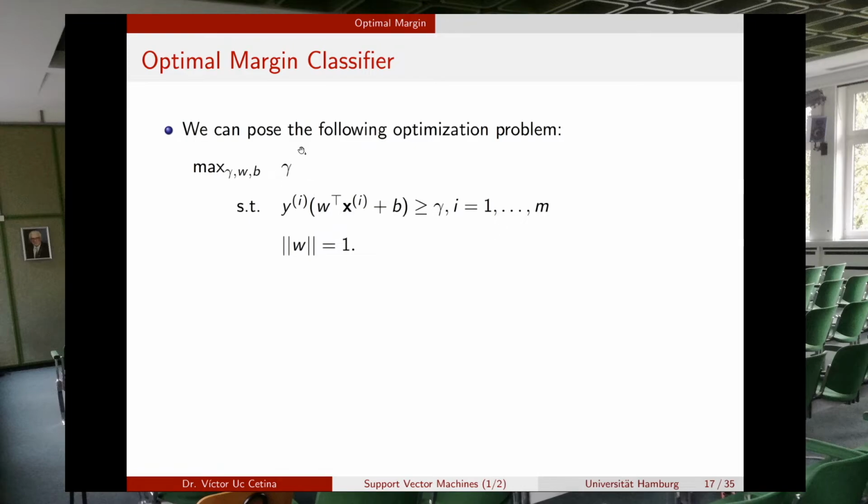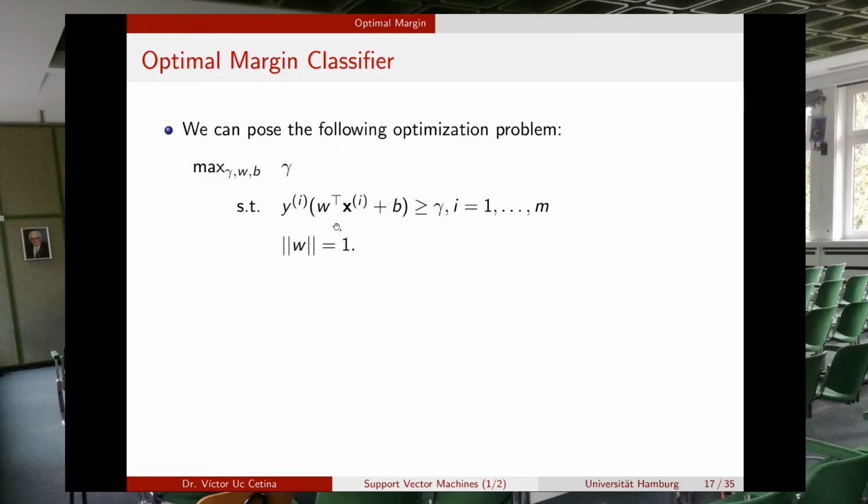In this optimization problem, we want to maximize the geometric margin for every point in our dataset. So we want to maximize the geometric margin subject to m constraints. We will have one constraint for each of the points.